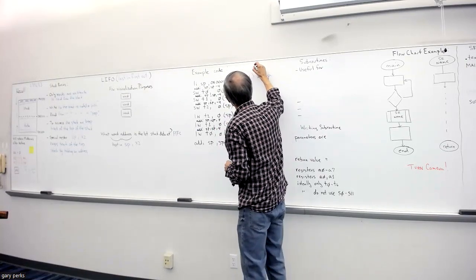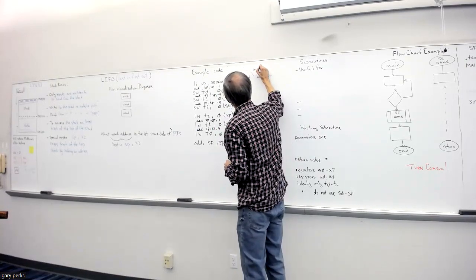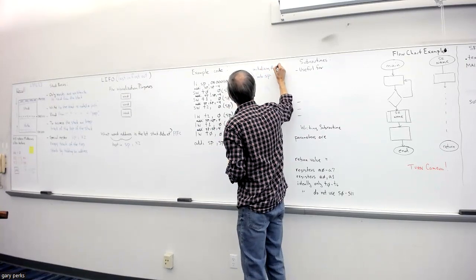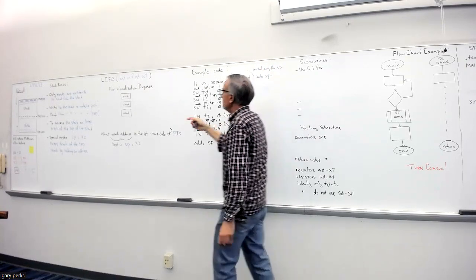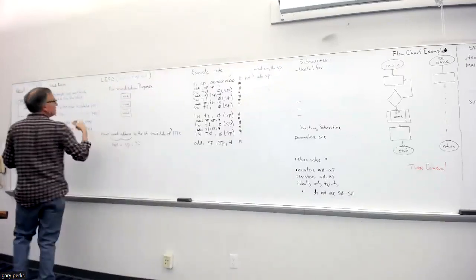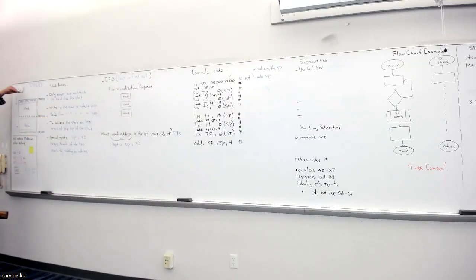And what we're doing here is we're initializing the stack pointer. We're putting it, see, 1 and then 4 zeros. 1 and 4 zeros is actually here, right? We're putting it just outside the stack segment. And you'll see why that's so coming up.